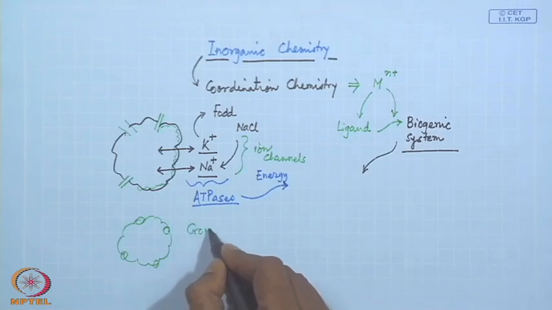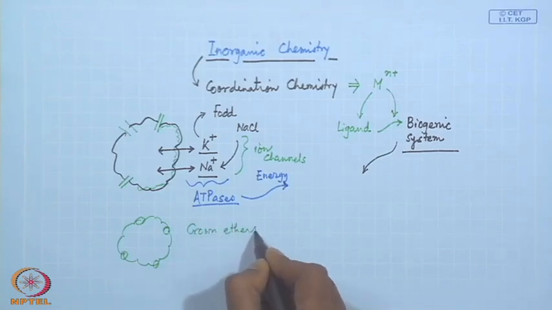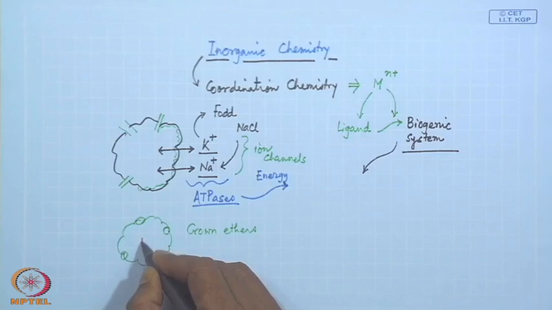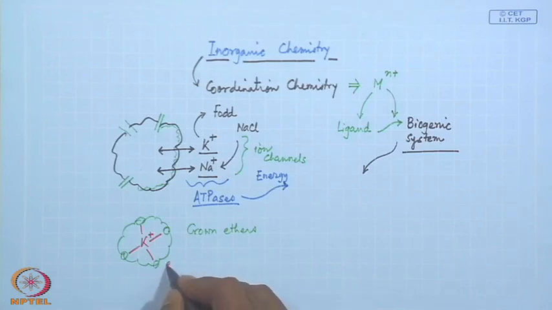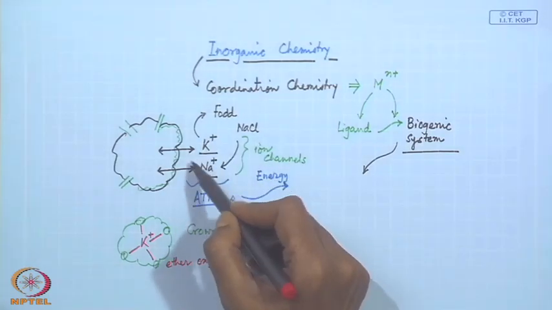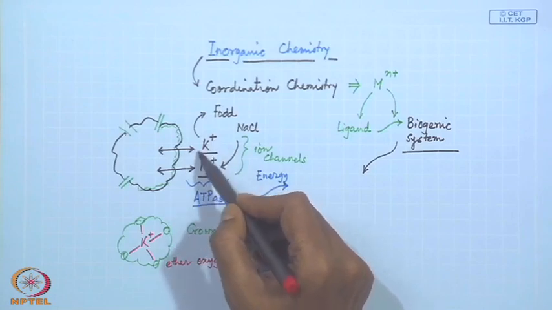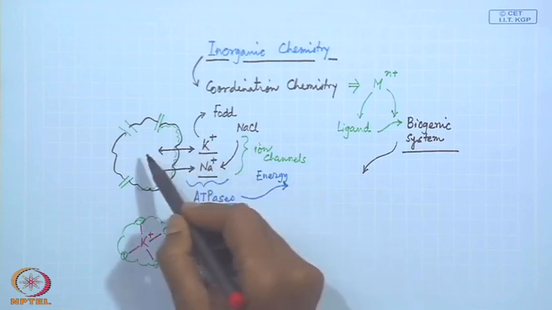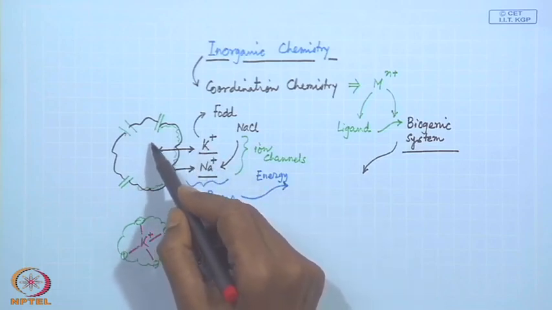If we have crown ethers in our hand, then instead of only the hydrated form of potassium and sodium, we can have potassium interacting with the ether oxygen groups. Similarly, some biological molecules are available to trap this potassium and pass the biological membrane to take this potassium ion, which is required for our activity within the cell.